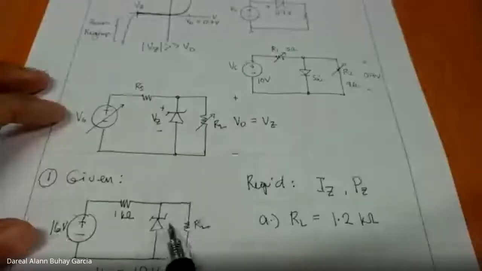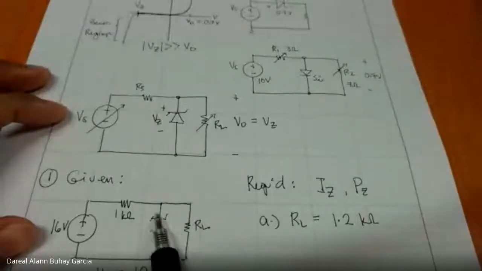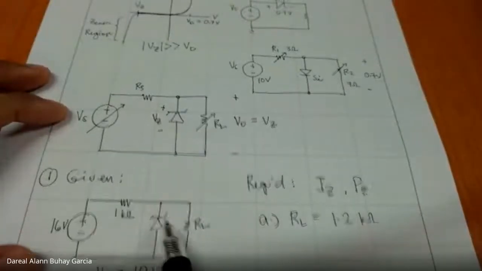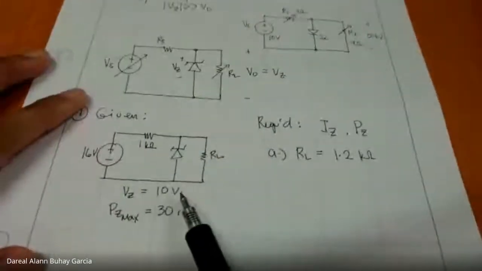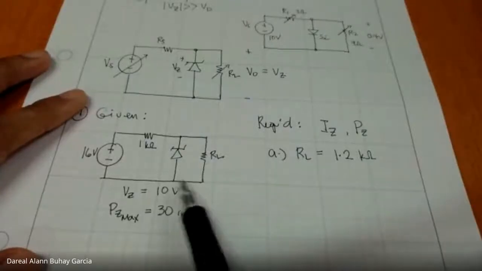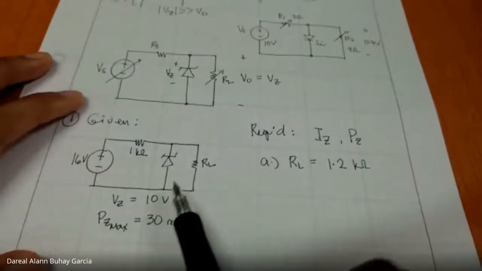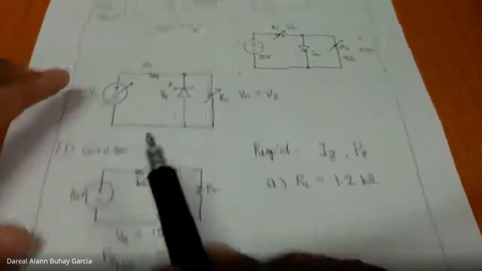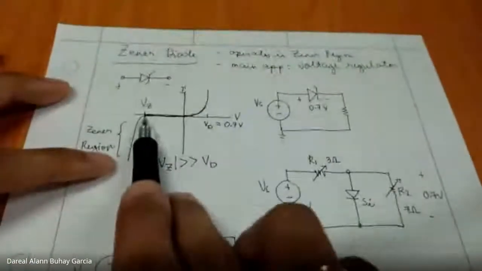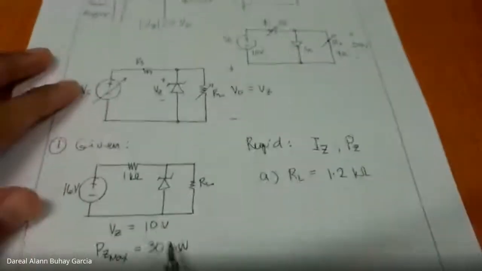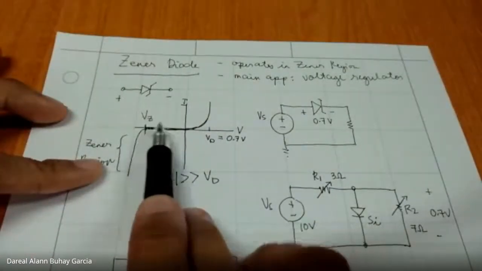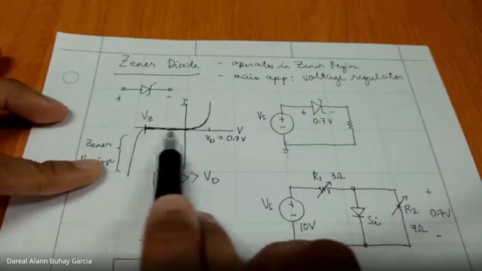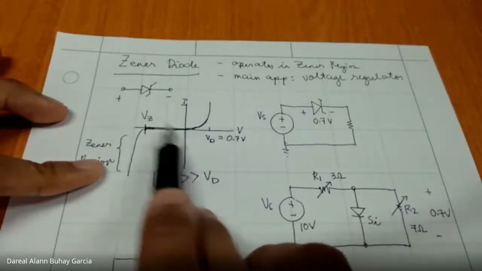Ang next question is kung naka-reverse bias siya, naabot ba ni nga voltage, VZ? Okay? So, atong VZ is 10 volts. Given man ni siya. We'll try to ask if indeed na-reach ba sa circuit mismo ang value nga VZ or basin na pa siya dire, in between 0 and VZ.